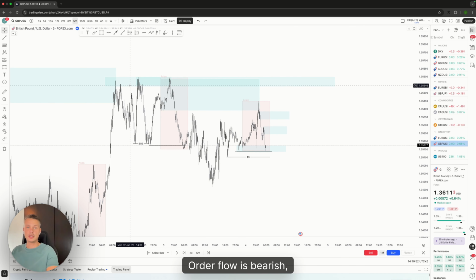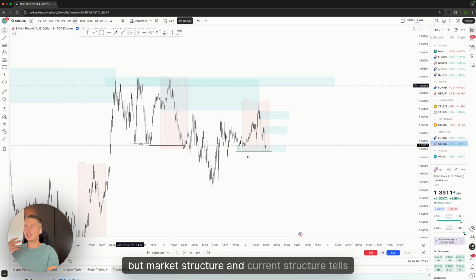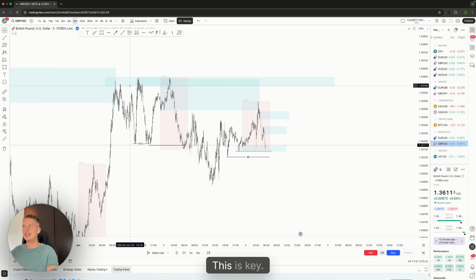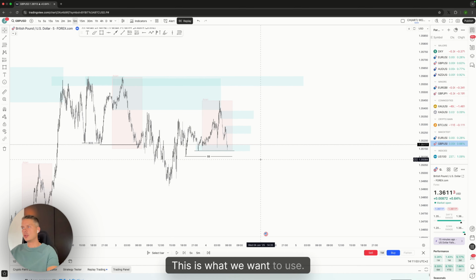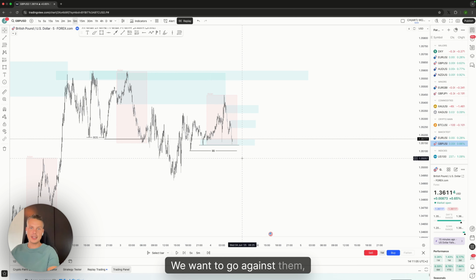Order flow is bearish, overall bullish, yes I know, but market structure and current structure tells us that sellers are coming into the market. This is key. This is what we want to use. We want to go against them, not go with the majority. Because we all know the majority loses money.